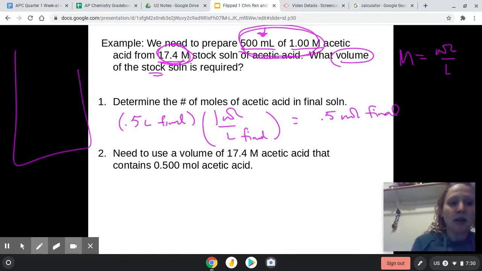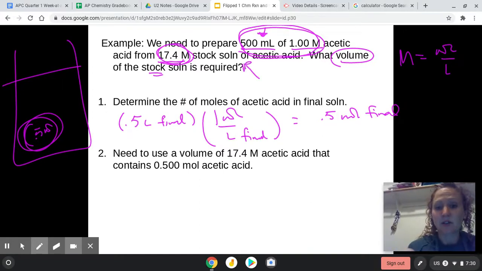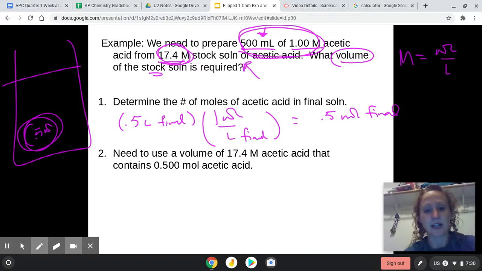So in my beaker, somehow I need to get 0.5 moles. And that 0.5 moles is going to come from my stock solution, from some mysterious volume of my stock solution.